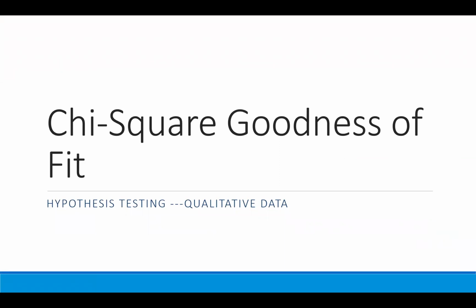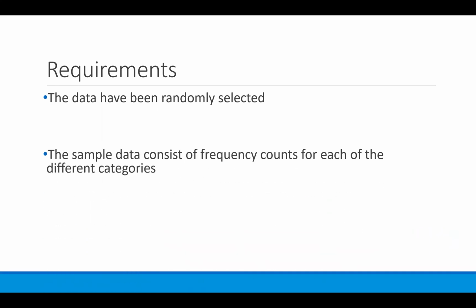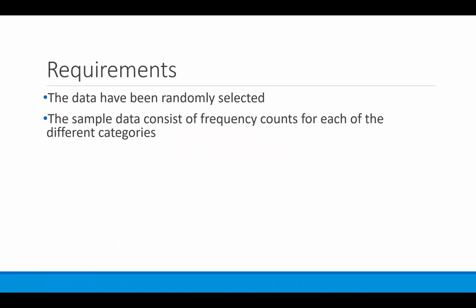So for chi-square goodness of fit, in terms of the requirements, we're going to be using qualitative data, so you're talking words or phrases. The data, as always, should be randomly selected. Your sample data is going to be the frequency for each category.